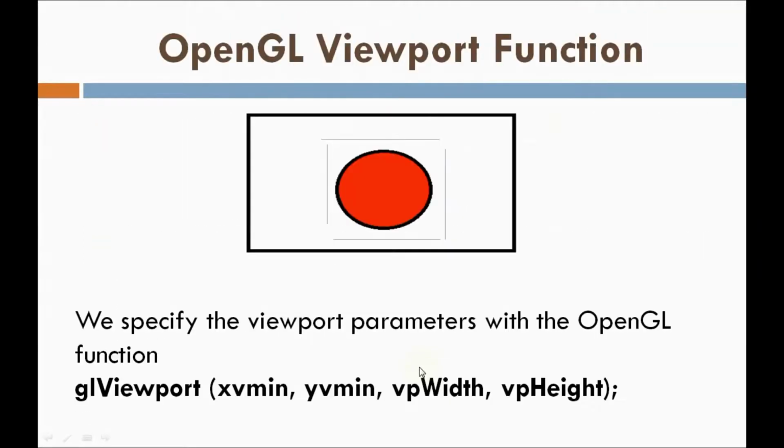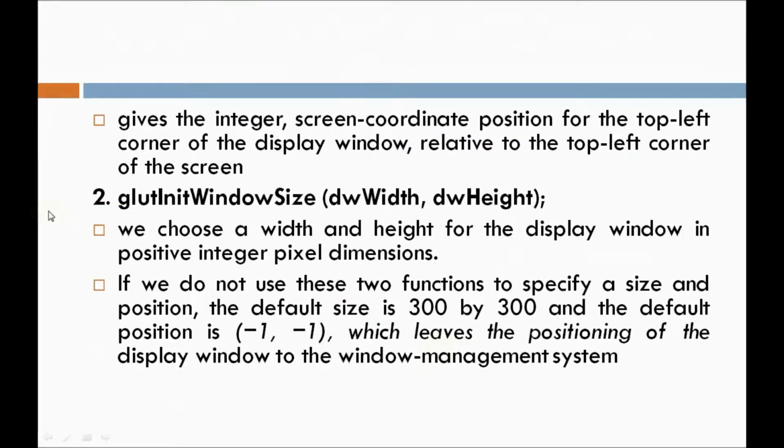If I don't use any width and height value, by default my window will be 300 by 300. And if you don't use any position value, by default the position of the window will be -1, -1. Getting, guys?